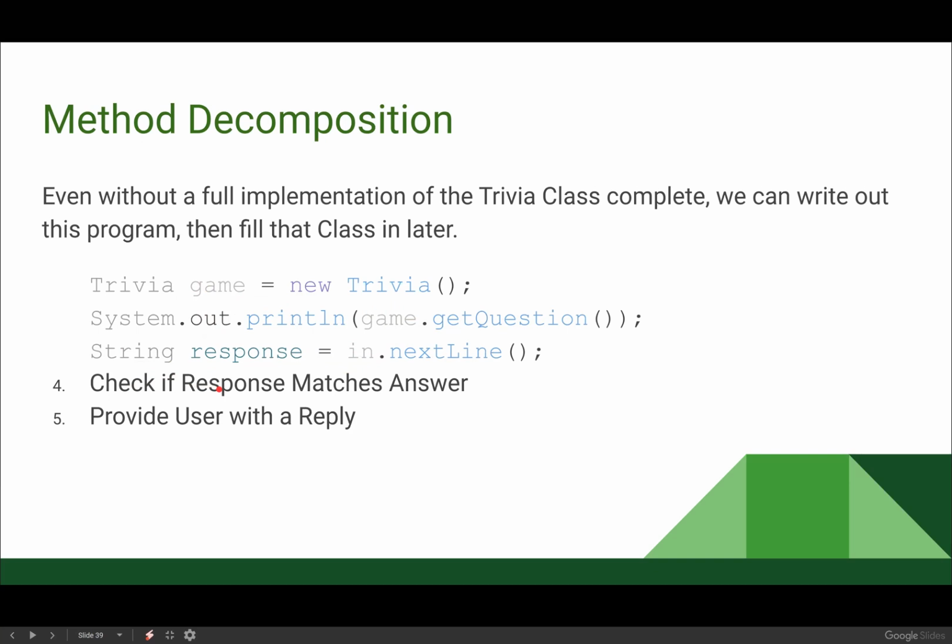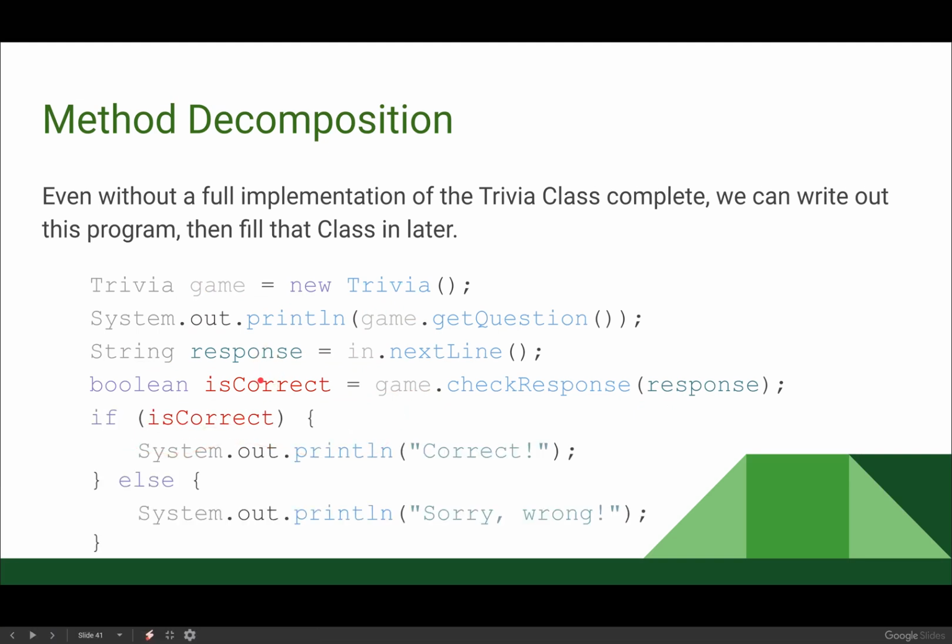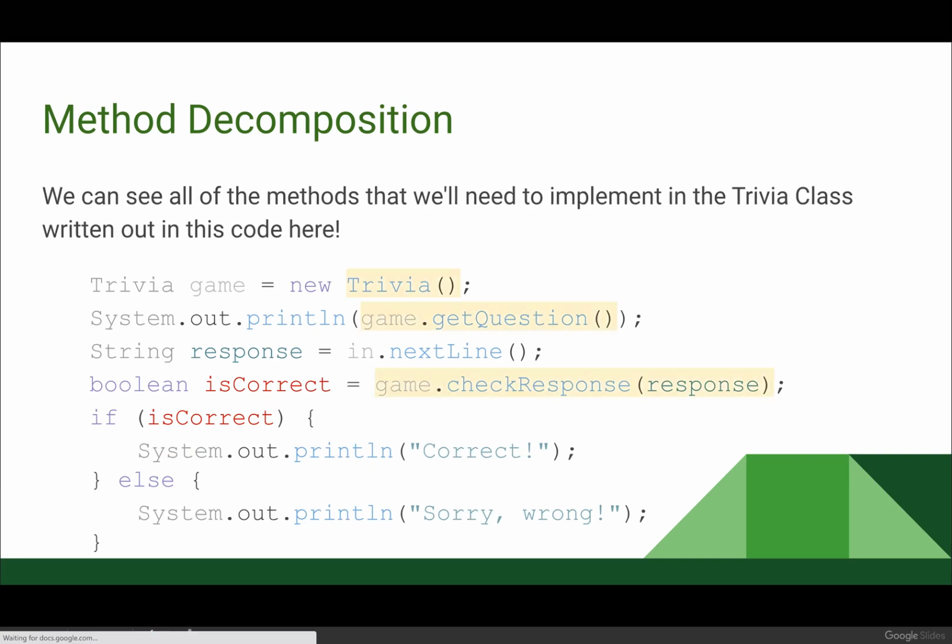We can check if our response matches the answer using another method in our trivia class. We're going to call checkResponse with that response variable from our game object. And if they were correct, we'll print correct. Else, we'll say, sorry, you were incorrect. So this is going to let us determine what kinds of things we need to build into our trivia class. So we can see those methods that we need to build.